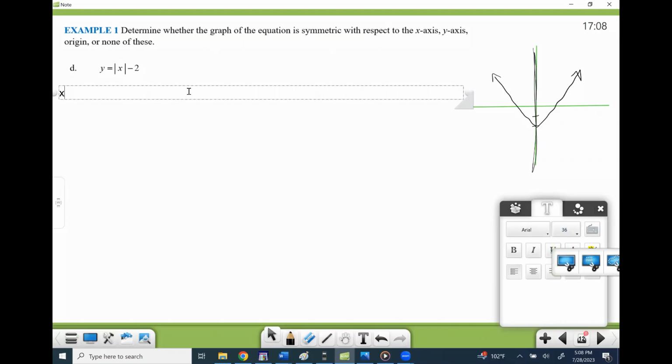Okay, so we know that for the x-axis, we do negative y for y. For the y-axis, we're going to do negative x for x. We've got this opposition going on, right? And then for the origin, we're going to do both.